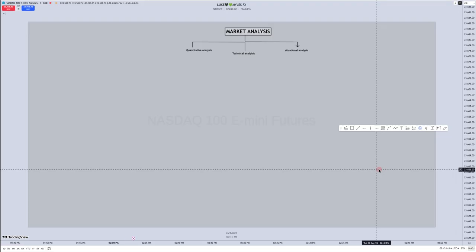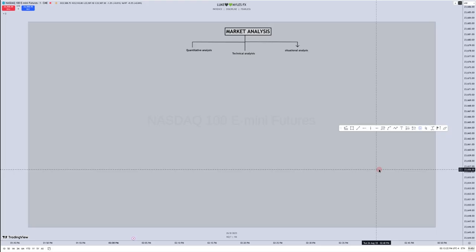There is what we call electronic trading hours and there is what we call regular trading hours. Electronic trading hours are hours that are provided to traders by the market makers. But regular trading hours are the real hours that are traded on Wall Street.